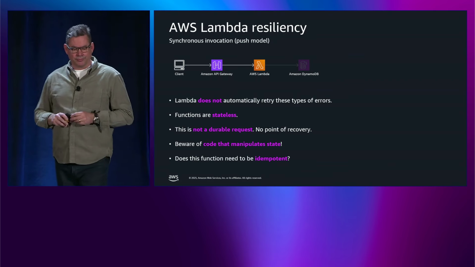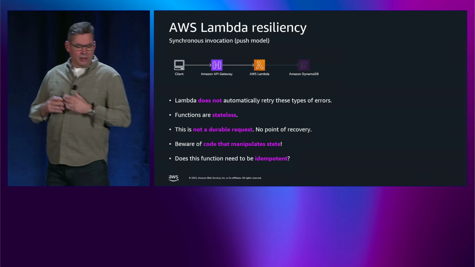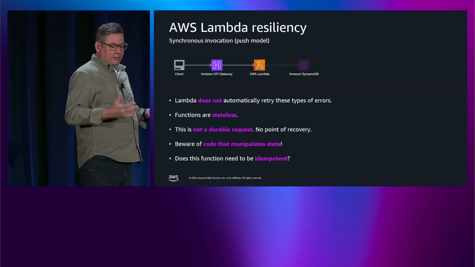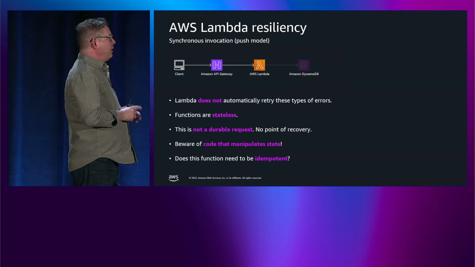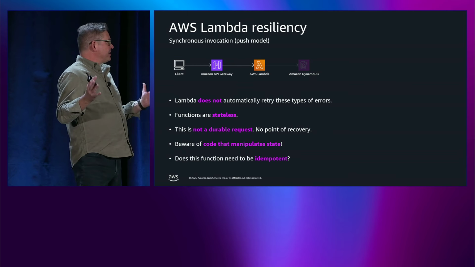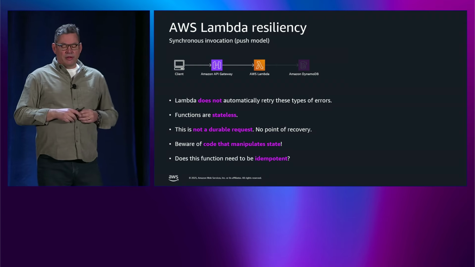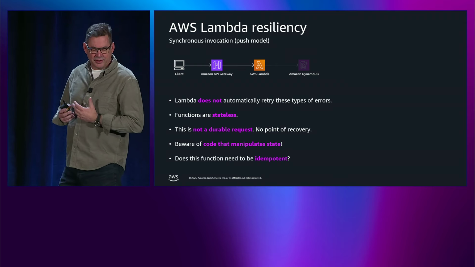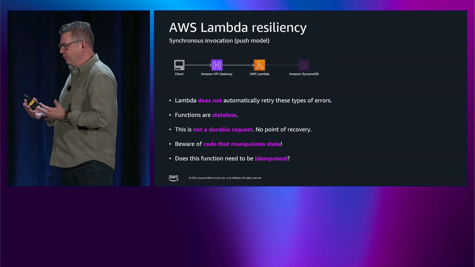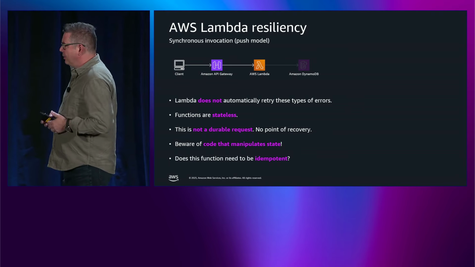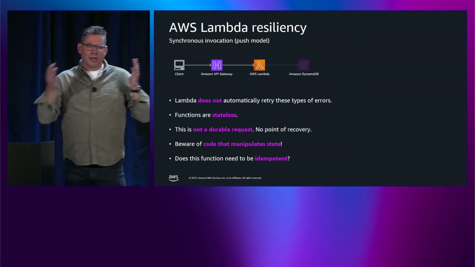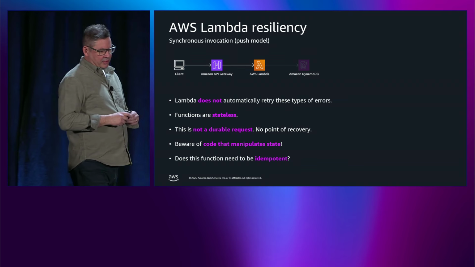Now, from a synchronous invocation perspective, here, Lambda does not automatically retry any potential errors. The functions are fundamentally stateless, and there is no durability in these requests either. So if anything goes wrong, your ability to rehydrate any kind of state or get back to where the error occurred is very small.